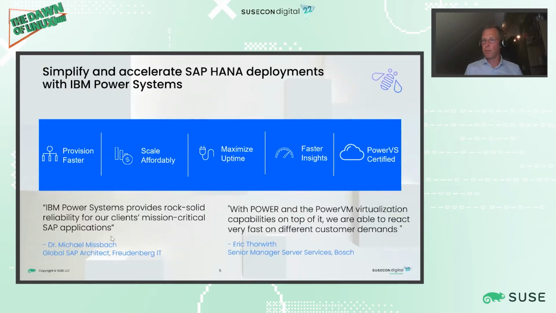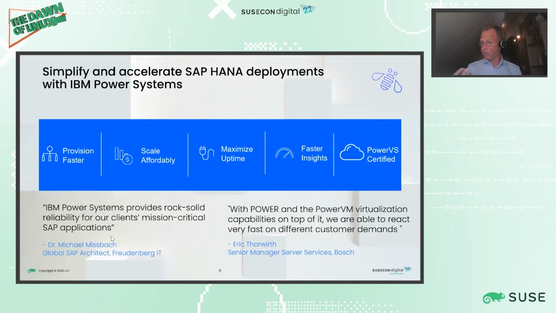And of course, very important, this whole cloud solution is also certified by SAP. And it is not only IBM saying this, that we are delivering good stuff. We also have customers who state the same, as you can see at the bottom of this page. IBM Power Systems provides rock solid reliability for our clients' mission critical SAP applications.